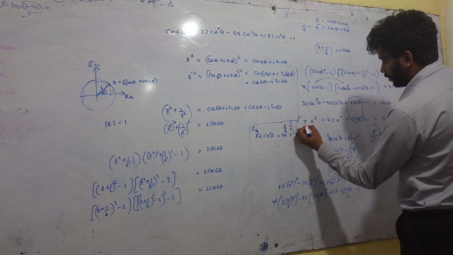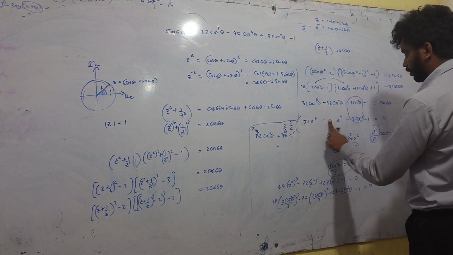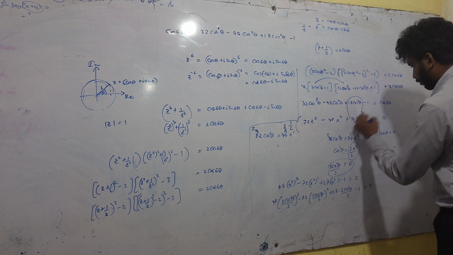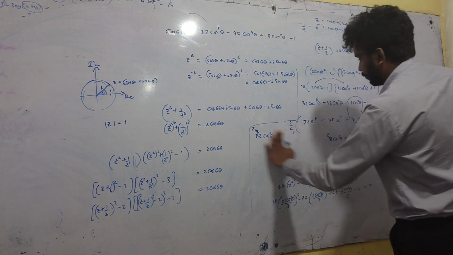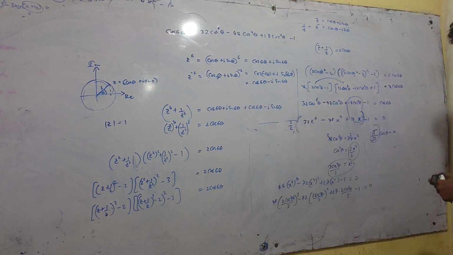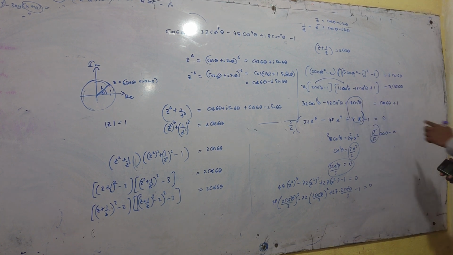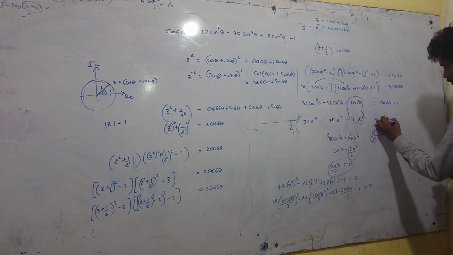And this is going to be 32, this is going to be minus 48, this is going to be 18, from these 3 parts on. And divide both sides by 3 over 2. Now we will put this into the other side.